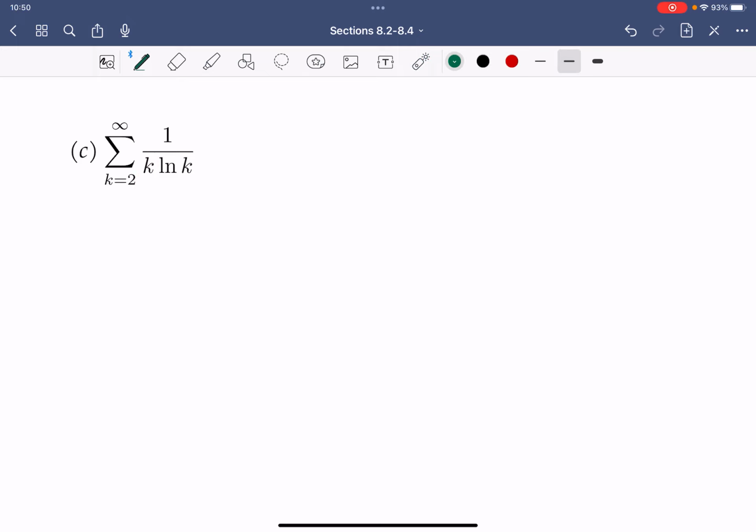So basically, we're going to start the same thing. Let f(x) be 1 over x log x, where x is greater than or equal to 2. For the integral test, you start like that. And now I will just do it pretty quick. It is obvious that f is continuous, right?